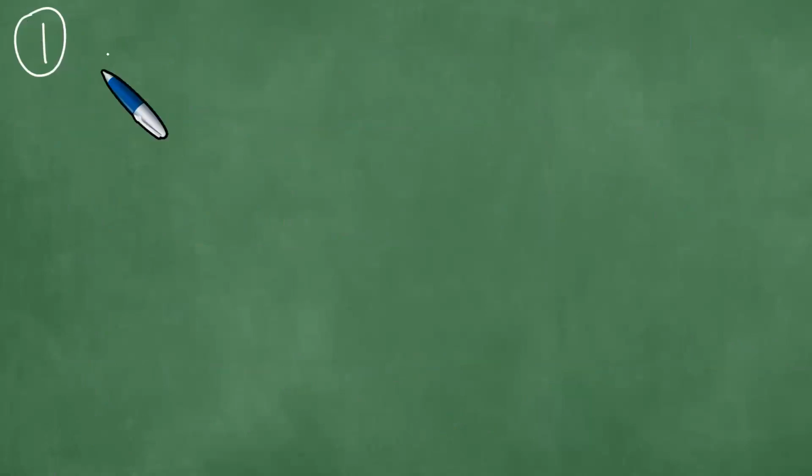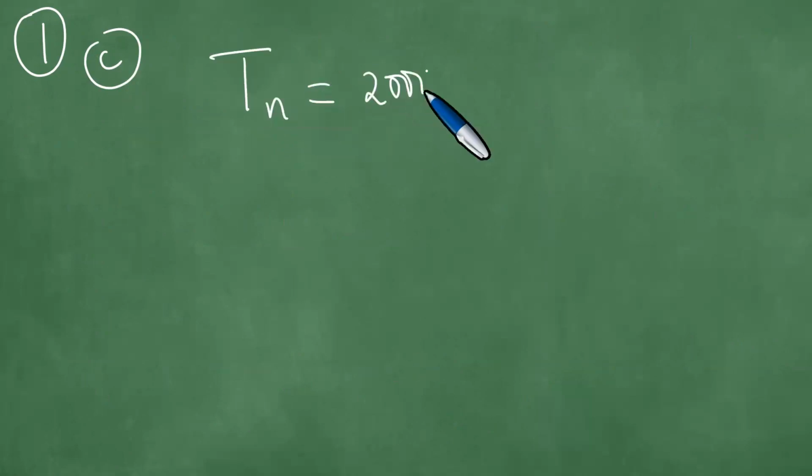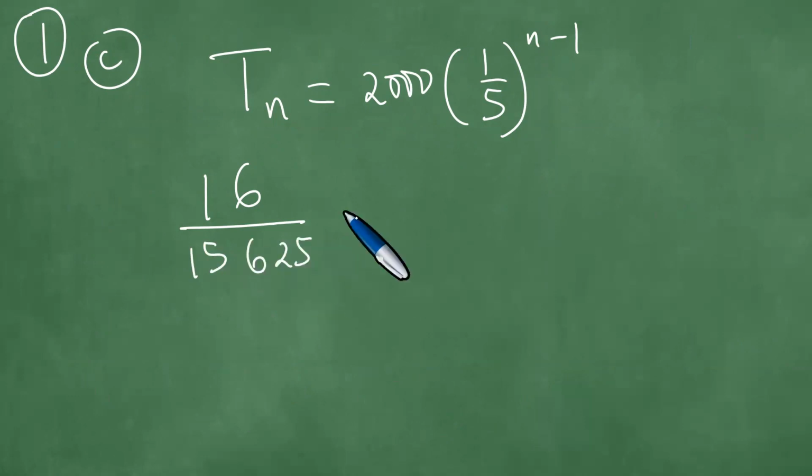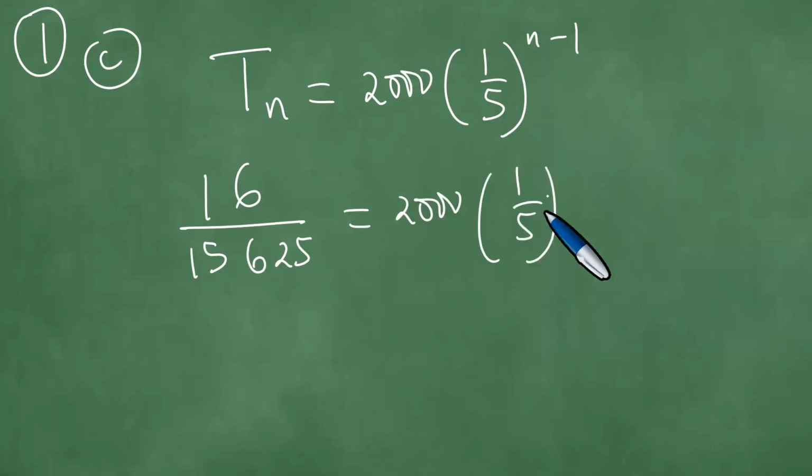We're looking at 1C. Right, so now our Tn, we already know that our Tn is 2000 times (1/5) to the power n minus 1, and we're saying we want to know which term has the value 16 divided by 15,625. That equals 2000 times (1/5) to the power n minus 1.